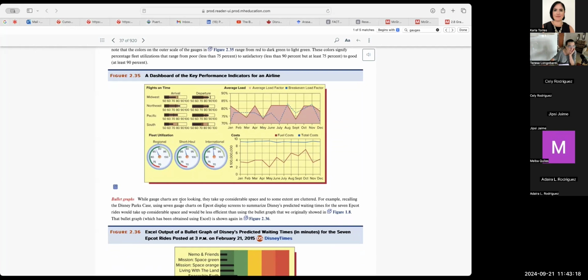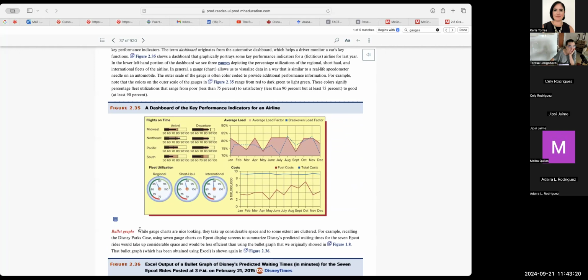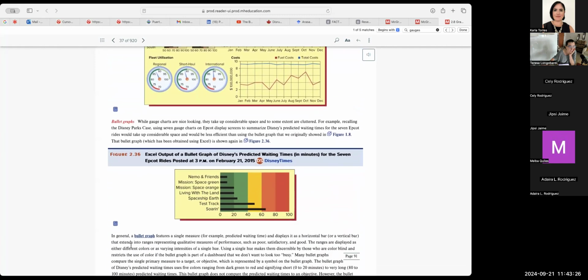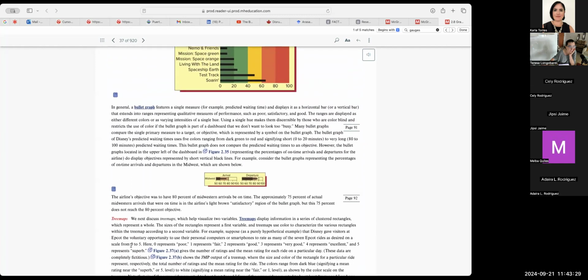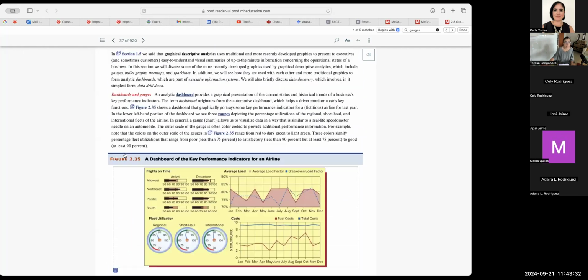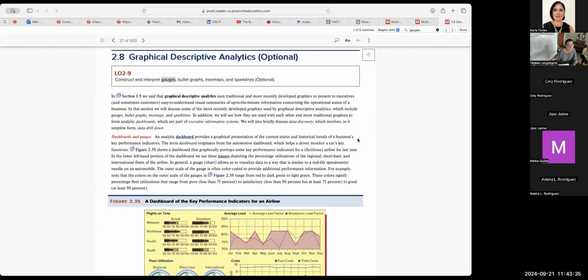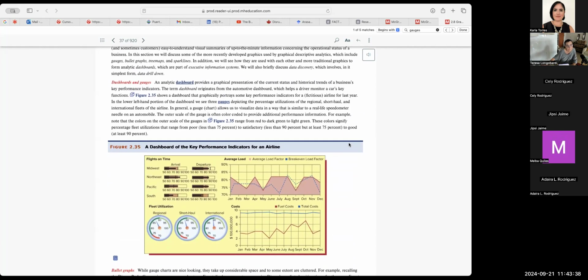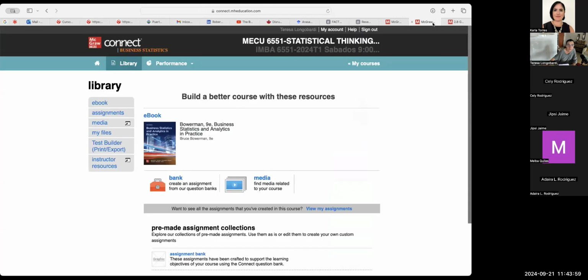While gauge charts are nice looking, they take up considerable space. I guess it doesn't show a single measure. This is a bad question too. It's not clear.